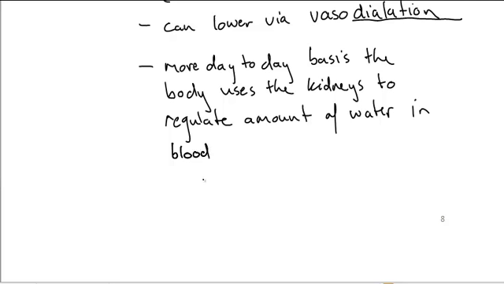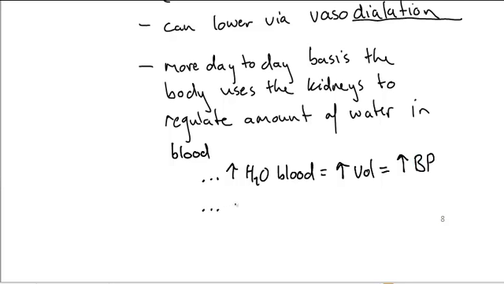And if you increase H2O in blood, what happens to the volume of your blood? I said increase volume, you're correct. And if you have more volume of blood, your blood vessels don't suddenly get bigger, so there's more room. So it actually increases the blood pressure.